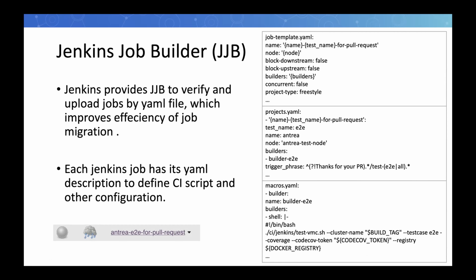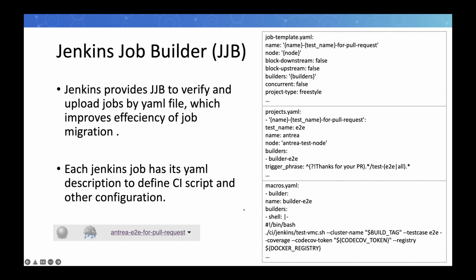The JJB has more job fields that can be used to define your CI tasks, but we will not cover all of them today. So overall, the JJB can verify and restore the Jenkins job efficiently for updates and migration in our CI pipeline.